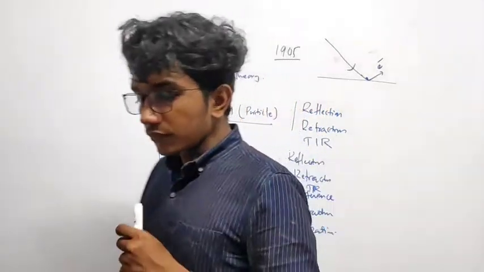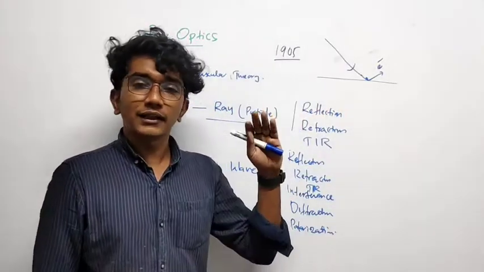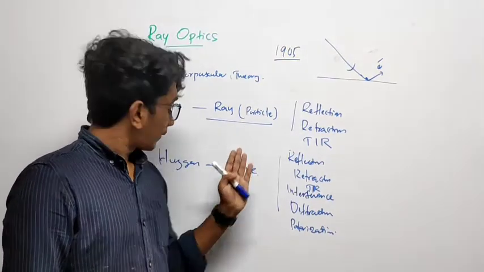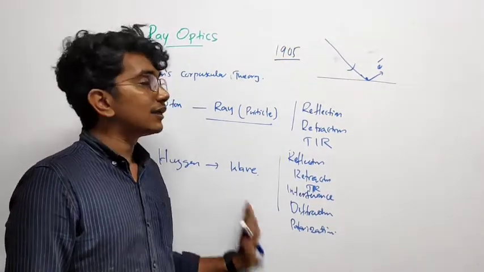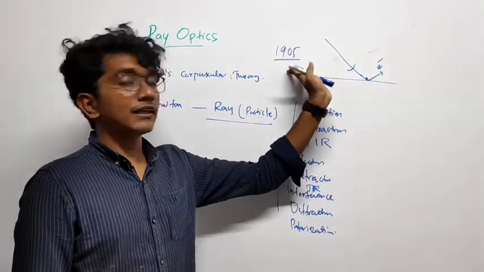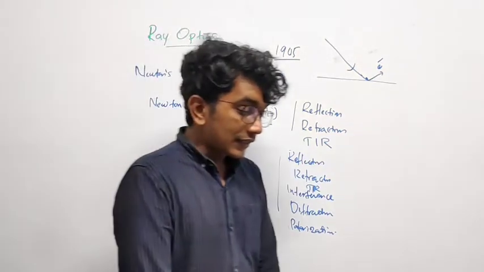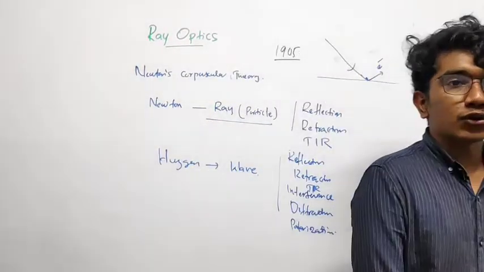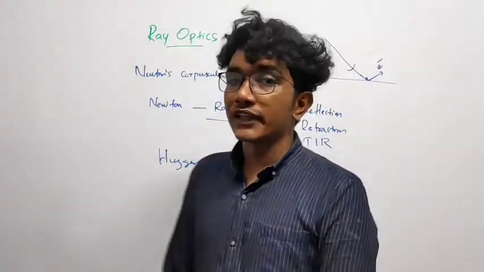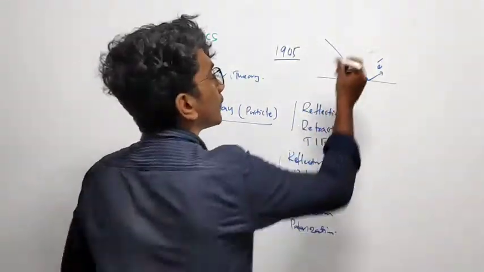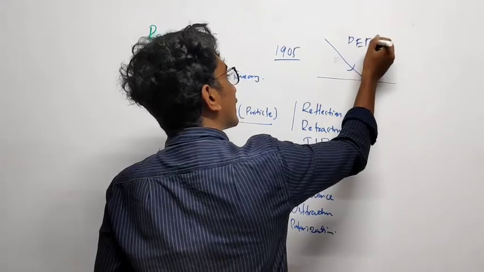Initially Newton said light is a particle, then Huygens said it is a wave, then after a long time, in 1905, Einstein said it is a particle again. It shows particle nature. We cannot prove that by using wave theory. This is the photoelectric effect.